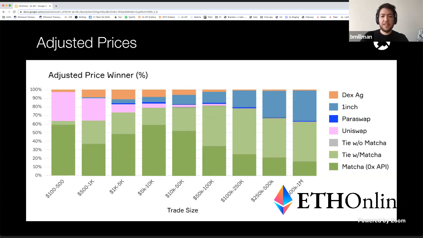And the reason why we chose to do this simulation-based methodology is that it's really hard to produce a fair comparison between swaps if there are not sufficient variables normalized. So, trades can occur in different block times. Trades can occur with different conditions. So these simulations just really try to normalize as many different factors as possible to create the fairest comparisons.